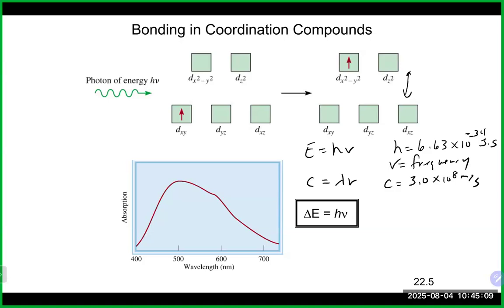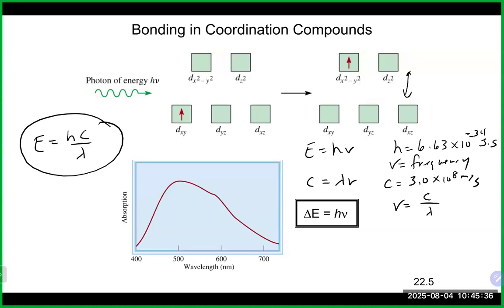You can use both of those together. If you solve for the frequency, that is c divided by the wavelength, and you can substitute that into hc over the wavelength. That means if you know just the wavelength, since h and c are constants, you can figure out the energy of the splitting between the lower energy d orbitals and the higher energy d orbitals. Or if you know the frequency, you can figure that out as well.